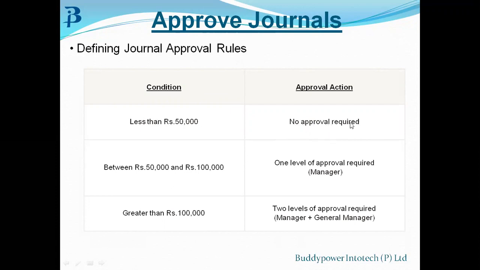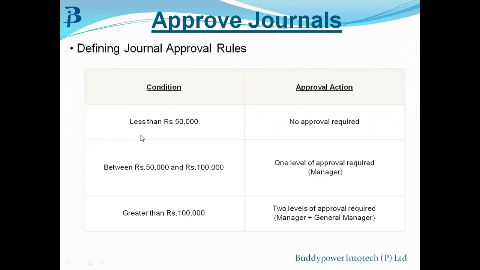For example, for the purchase requisition itself, if it is within 50,000 rupees, he need not take any approval. He can directly send the purchase requisition to make it a purchase order. He need not send it for an approval.